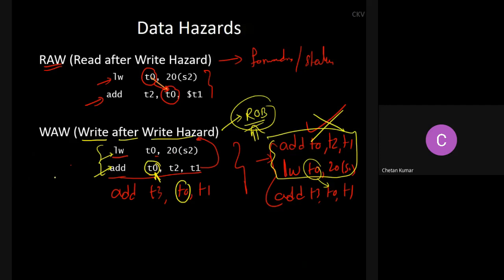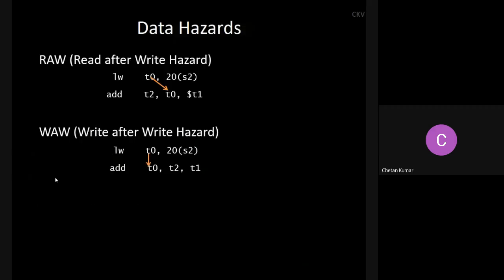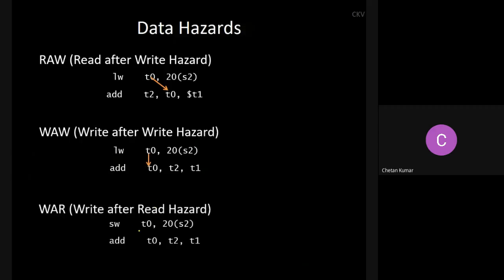Another example we have seen is the write after read hazard, where you have something like this. Here the T0 value is being read, but it is also being written. If I execute add T0, T2, T1 before store T0, 20(S2), you'll be storing a wrong T0 value.